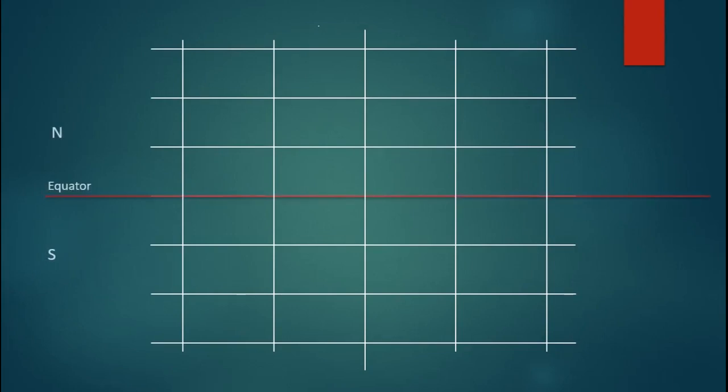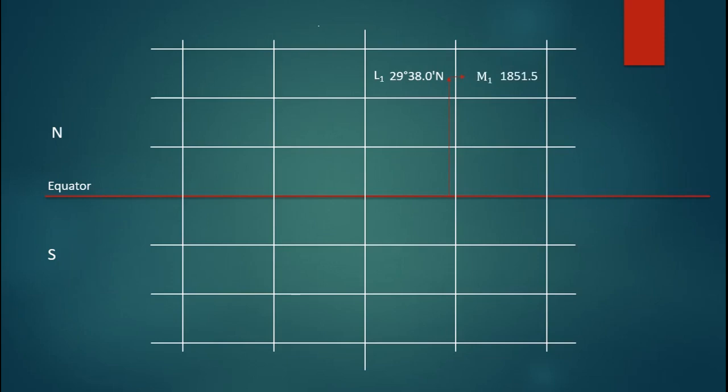Now if we imagine this, the red line here is the equator, and we have north latitude and south latitude. If we have an L1 in northern latitude, just a random latitude here at 29 degrees 38 minutes north, we're going to measure from the equator.